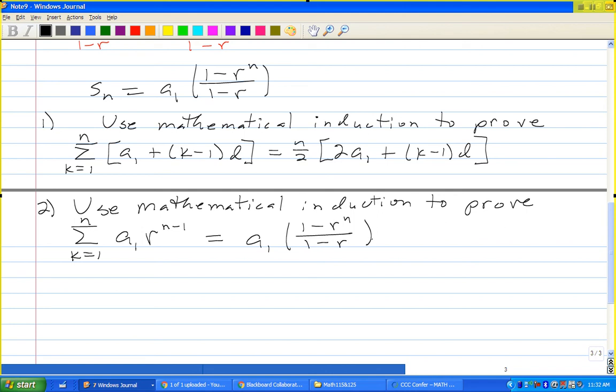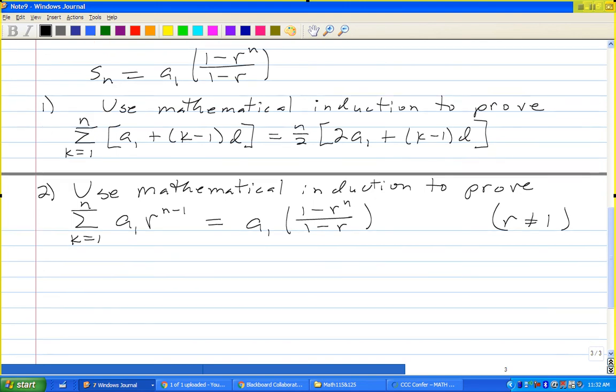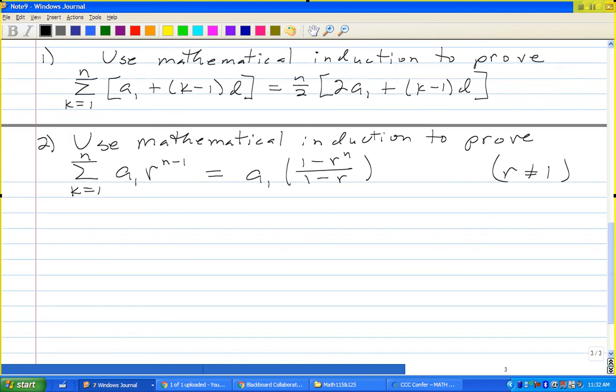Okay, of course, I'm assuming r is not equal to 1. Okay, so turn these in on Monday. Put your name on the upper right corner and turn these in.